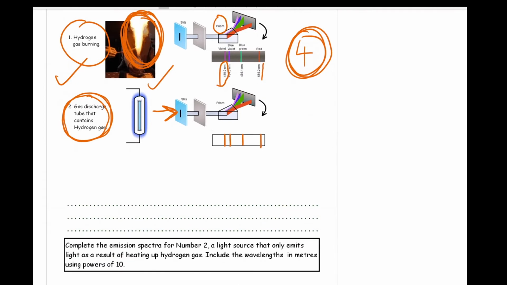Now it says here, complete the emission spectra for number 2, a light source that only emits light as a result of heating of hydrogen gas. So let's have a look at the first one. That is violet light. It's got a wavelength of 410.0 nanometers. You do need to know your powers of 10. Go back to the front of the booklet.